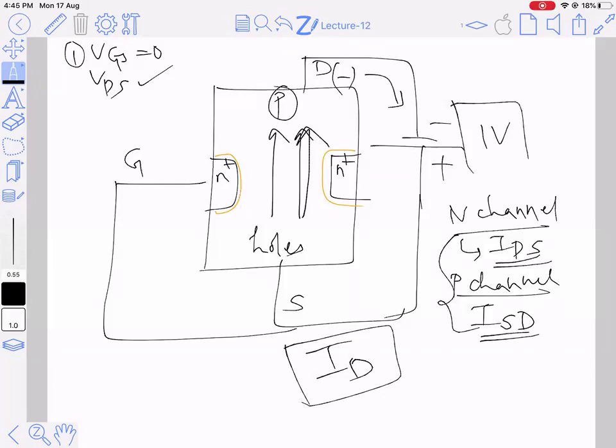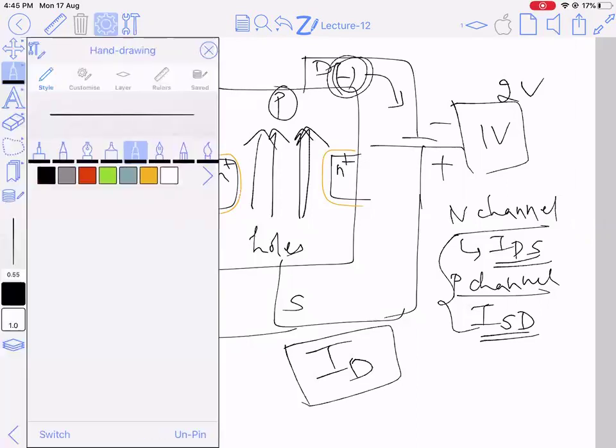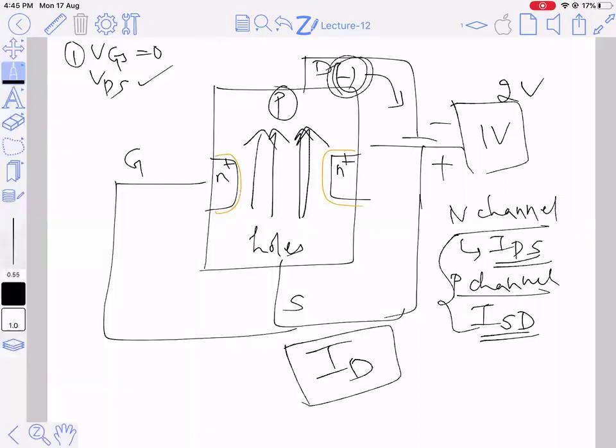Now please note that you have applied VDS negative. What will happen if you increase this, making it -2? More negative, more holes will get attracted, more current will flow. But what is happening on the PN junction?